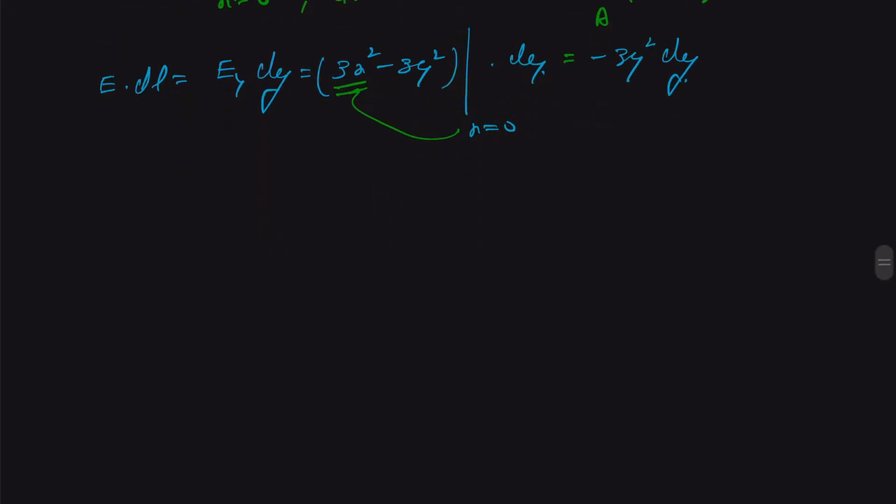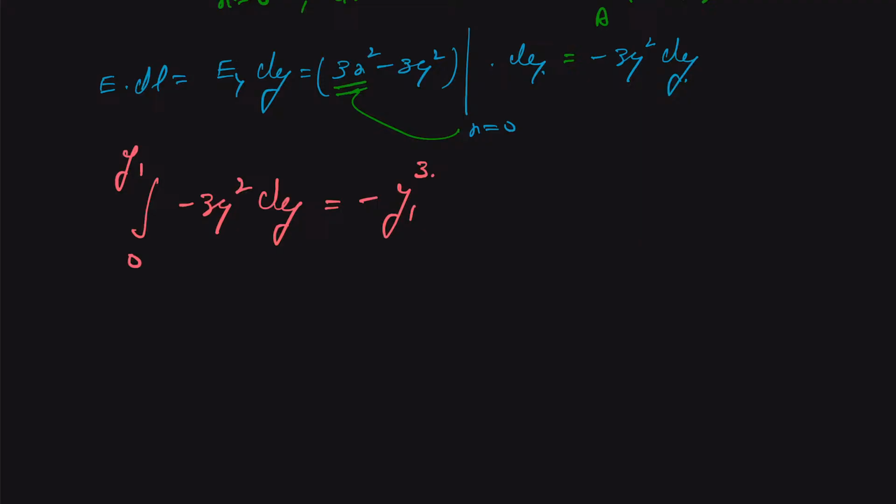Now we can just integrate it. So we get the integration from 0 to y1 of minus 3y square dy, which gives us minus y1 cube.